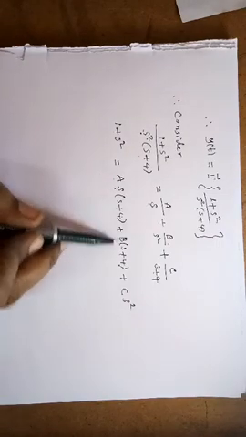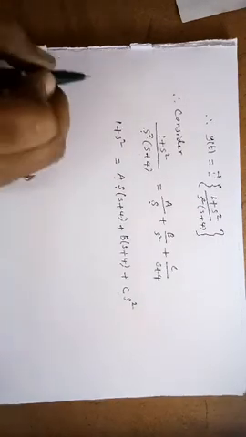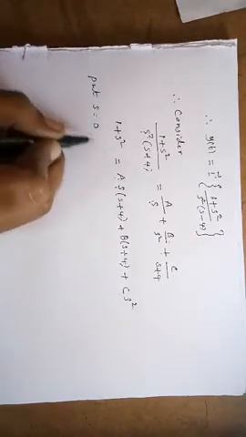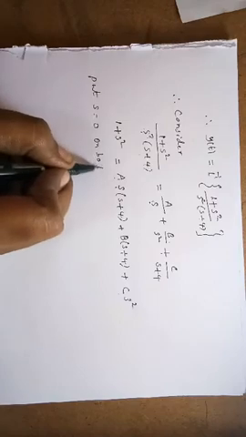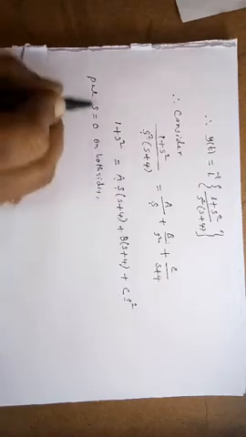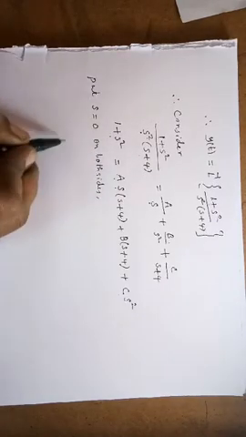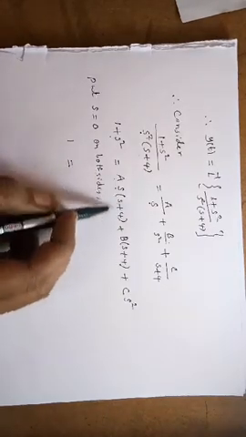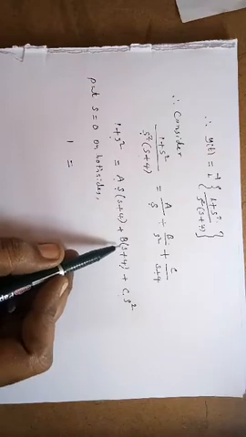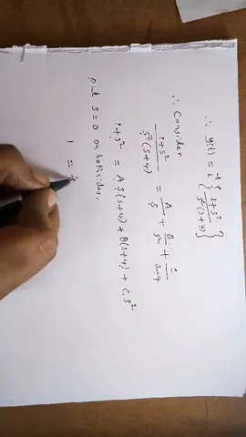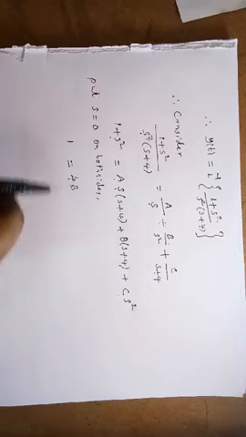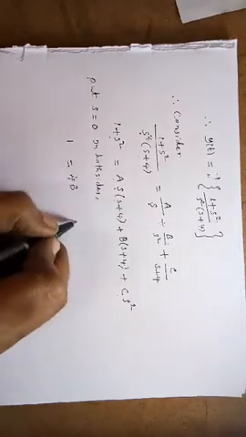Then we have to find these constants a, b, c. The first step is to put s equal to 0 on both sides. Then on the LHS we get 1 equal to, if s is equal to 0, the first and third terms will be 0 and cancel, so 1 equals 4b.